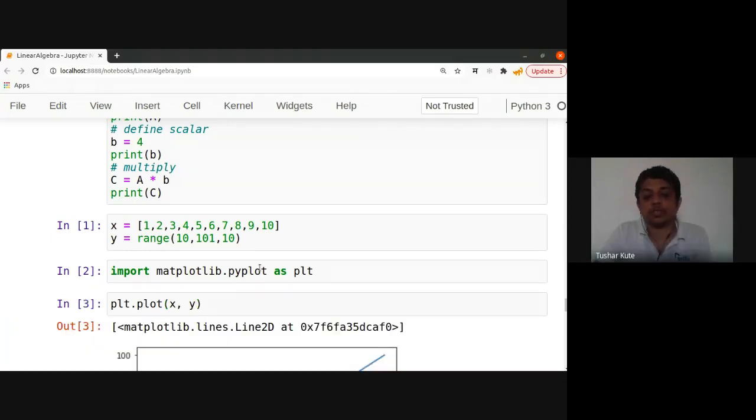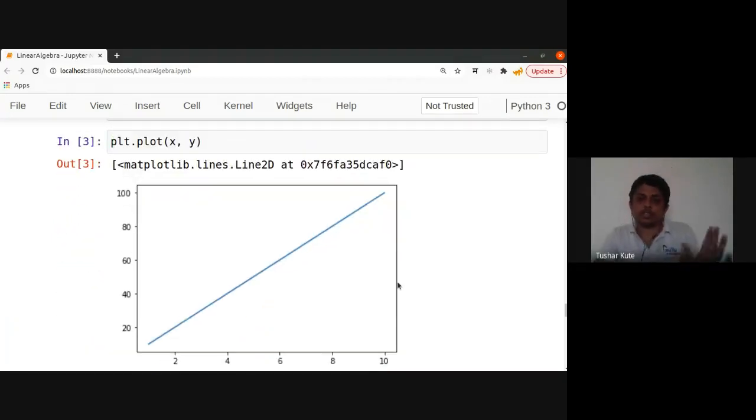Now see this. This is your line, a perfect line just created, which has exactly a 45-degree angle. This is a perfect line generated over here.